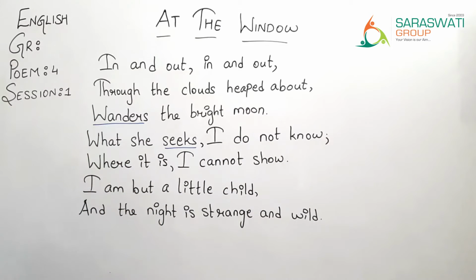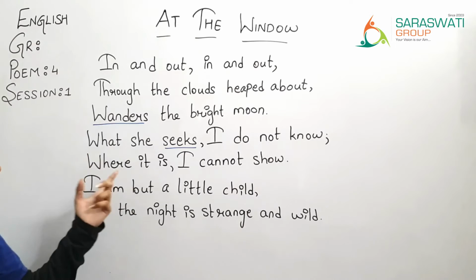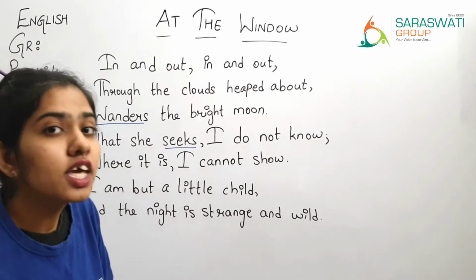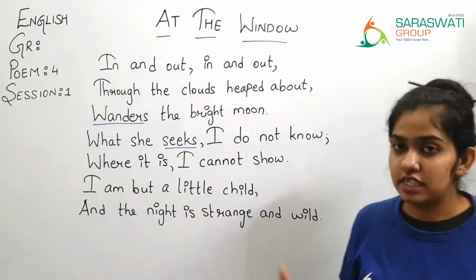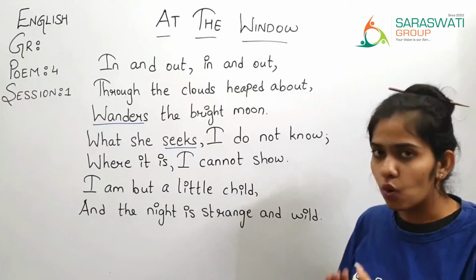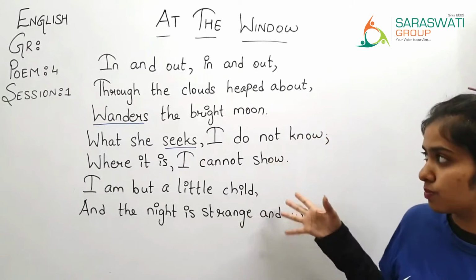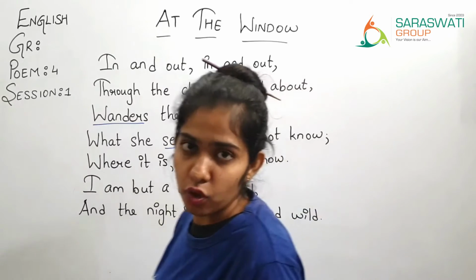What she seeks, I do not know. એ શું જોવે છે મને નથી ખબર. Where it is, I cannot show. એ ક્યાં છે એ હું ન દેખાડી શકું, because I am a little child. And the night is strange and wild. So I have explained this much of the stanzas of the poem.